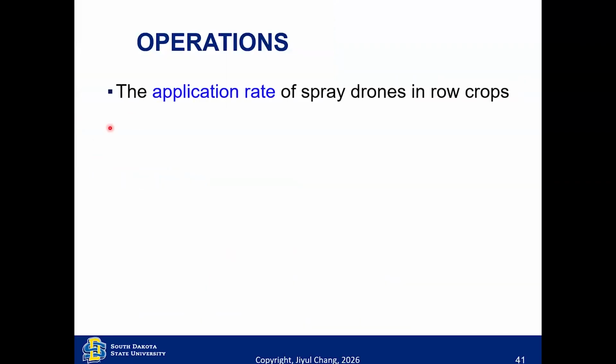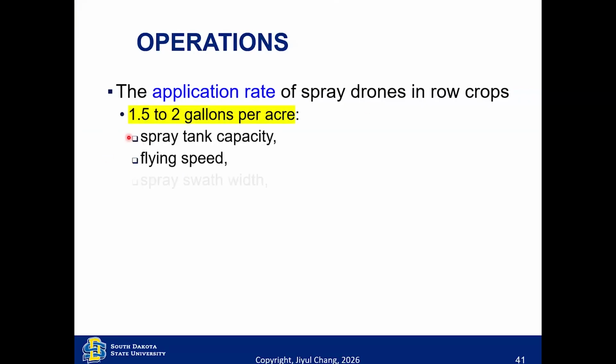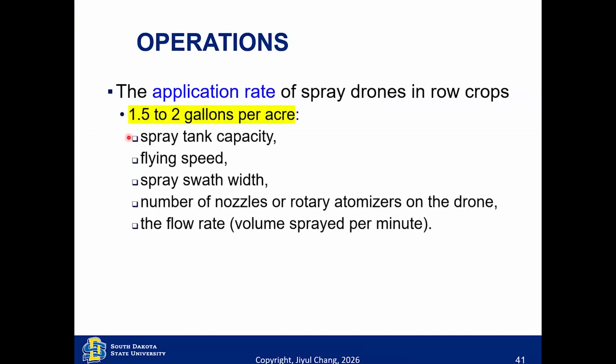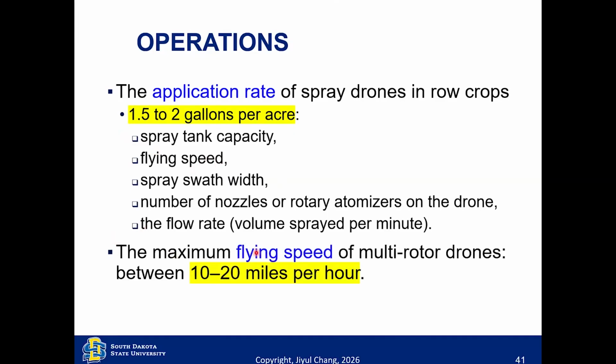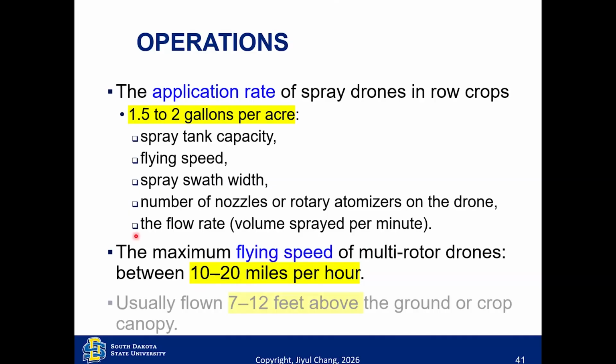Operations. The application rate of a spray drone for low crops is like 1.2 to 2 gallons per acre. It depends on these things. And the maximum flying speed is 10 to 20 miles per hour. And this is very important: 10 to 12 feet above the ground or crop canopy.